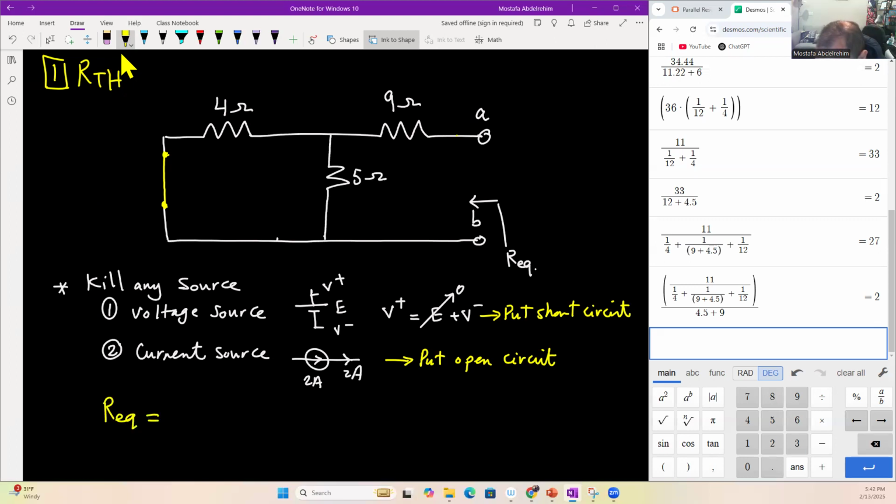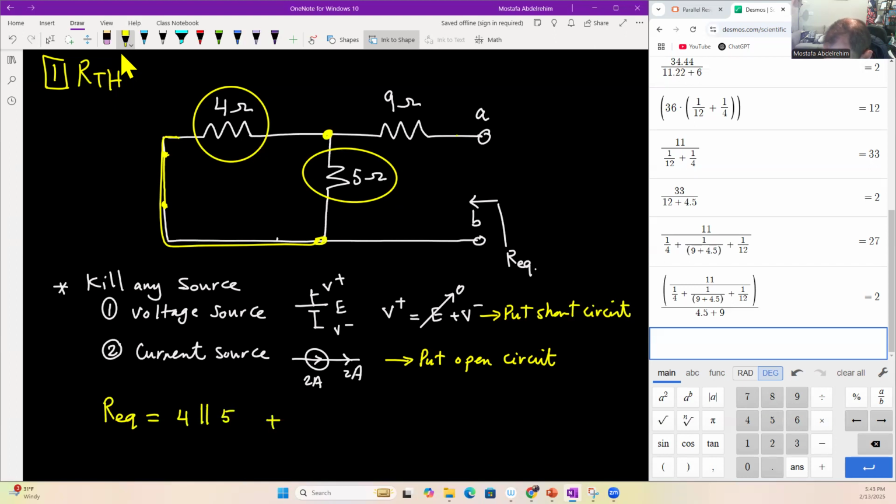So you have here the 4 ohms and the 5 ohms in parallel. Why? Because they have the same start terminal and the same other terminal. So it is 4 parallel with 5, plus 9 ohms.